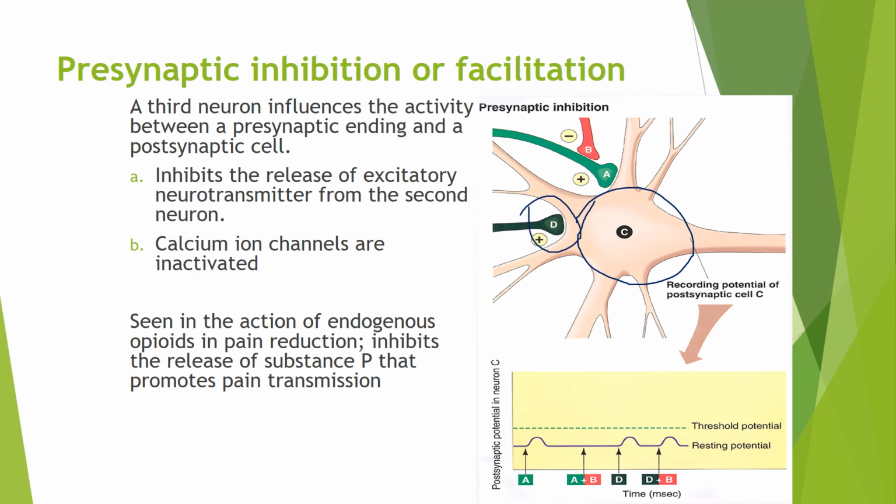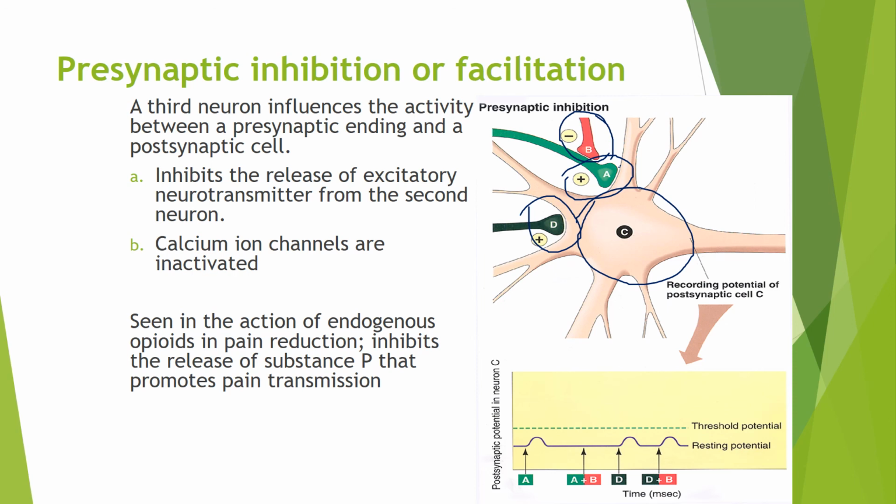D is an excitatory presynaptic cell, and A is also a presynaptic excitatory neuron. However, this figure of B here is an inhibitory neuron that's acting on this presynaptic neuron of A.